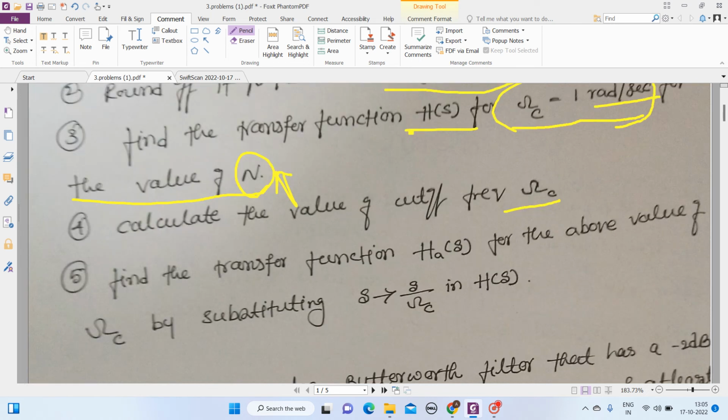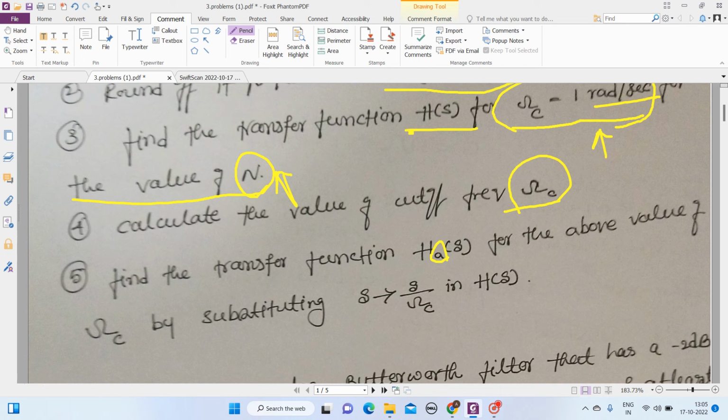The fifth, the last step, is find the transfer function H subscript a of s, the analog transfer function, for the determined cutoff frequency, not for the normalized cutoff frequency, by substituting.